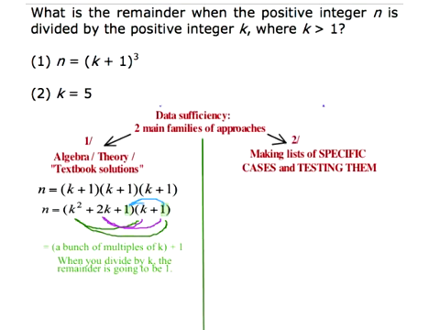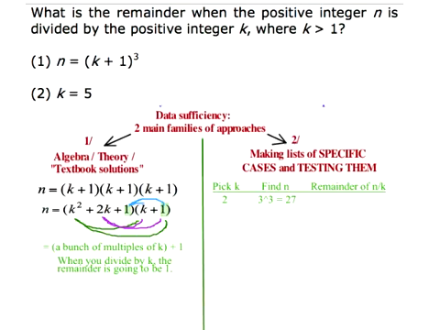You can make a list of cases and test them. In that case, we would pick k and then find n. What's the remainder of n divided by k? So k has to be more than 1. If k is 2, then n is 3 cubed, which is 27.